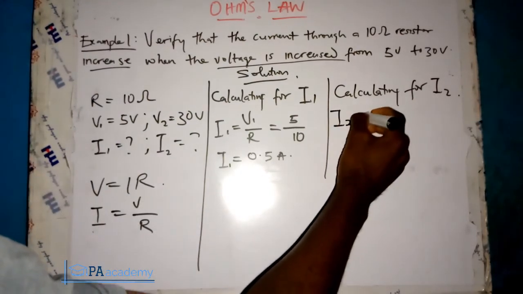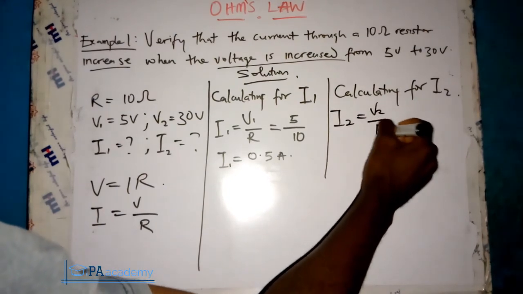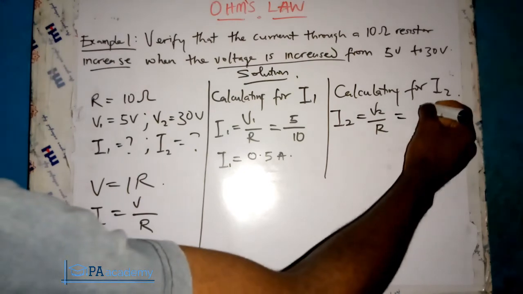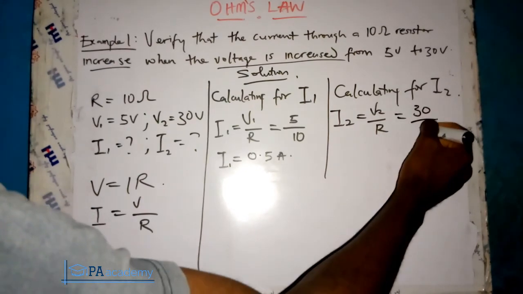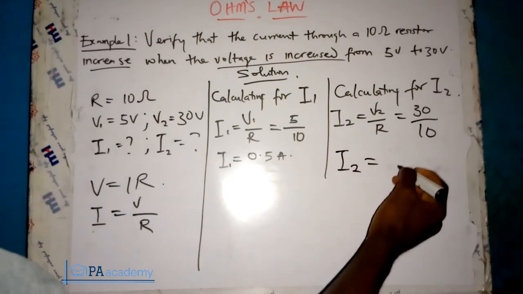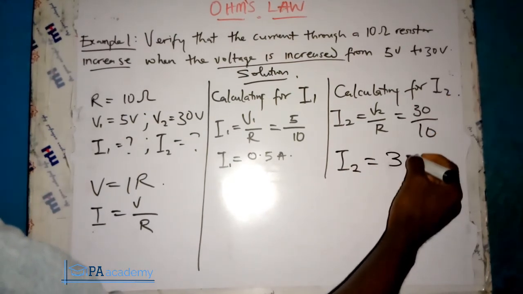I2 is equal to V2 over R. Let's put in our figures. Our V2 is 30 and our resistance is 10, so that is 30 over 10. So our I2 is equal to 30 divided by 10, which gives us 3 amperes.